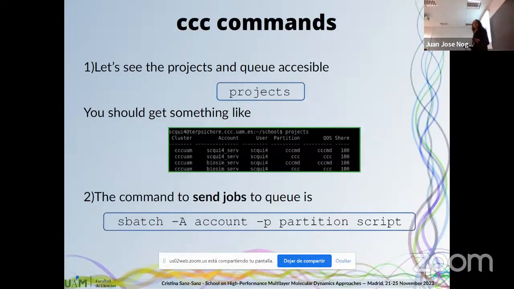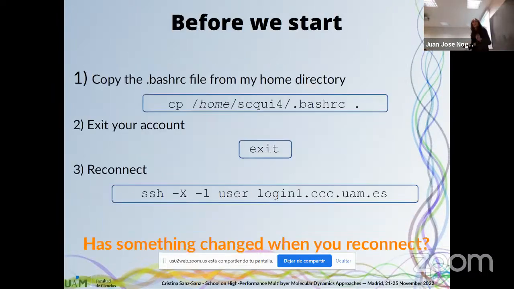So I will skip that, as I said, and then before we start, I need you to copy something. Hopefully everything is okay. I tried it with another account and it did work for the other account. So obviously, I hope that it will work for you as well. So I want you please to copy this file, okay?